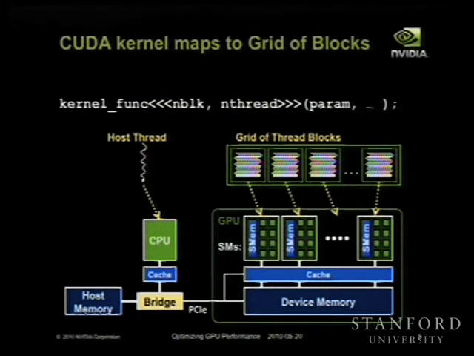So there's a trade-off between how many resources your program uses and how many of those threads you can run at the same time in a given SM. And of course, a big GPU has more SMs, and therefore you can run more of these thread blocks in parallel. And a small GPU, like one on a laptop, runs fewer, and therefore you might only be able to run a minimum of one thread block.